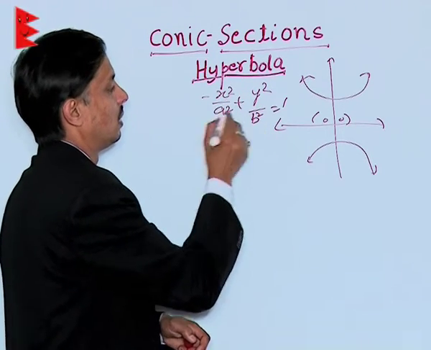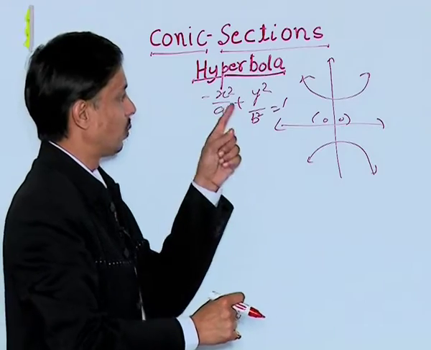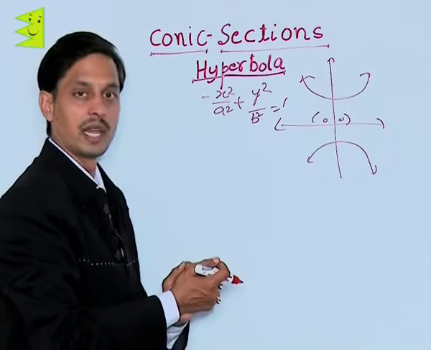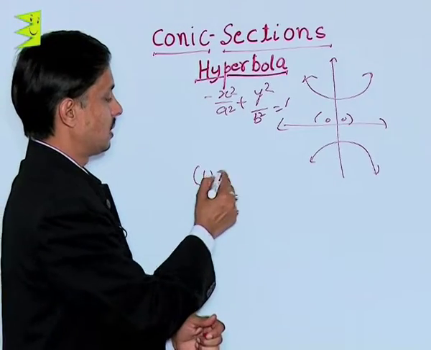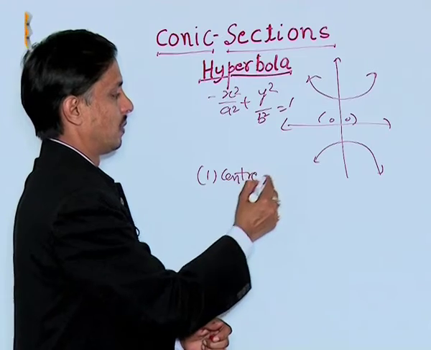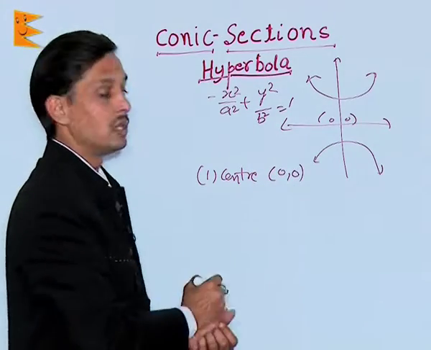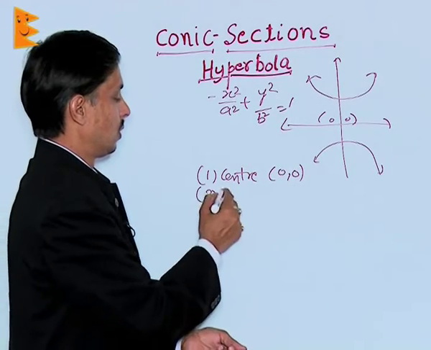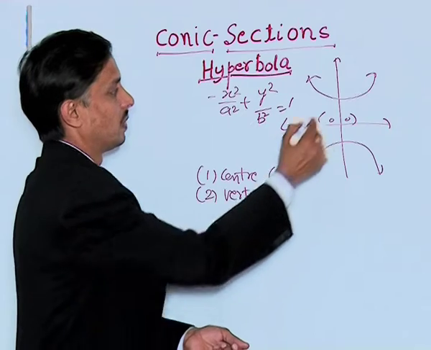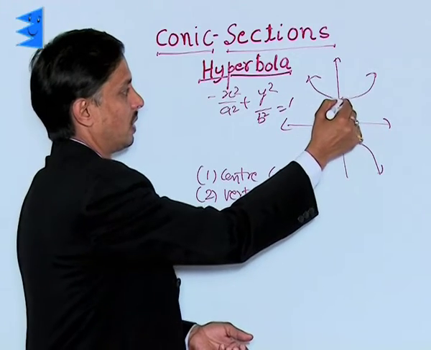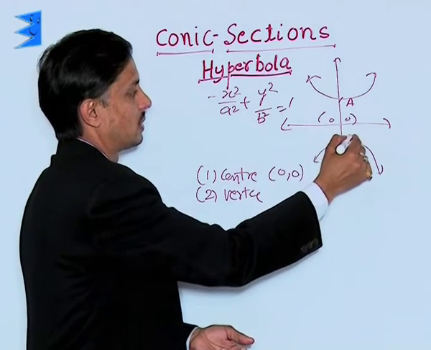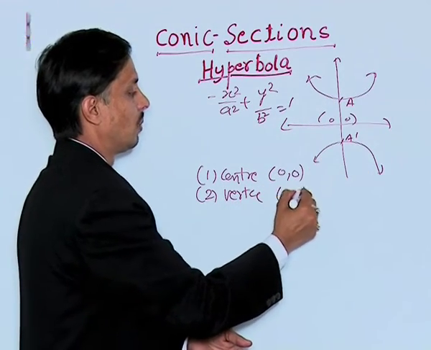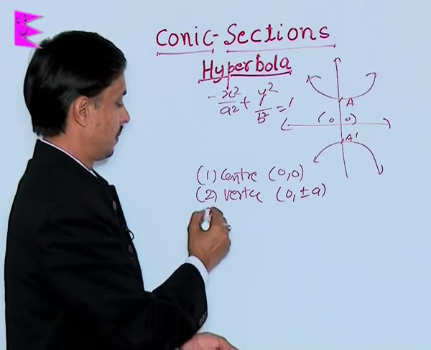This is the way of recognizing that y is positive and x is negative. Information: the center in this case is 0, 0. Vertices are on the y-axis, that is A and A dash. These are 0, plus minus a.